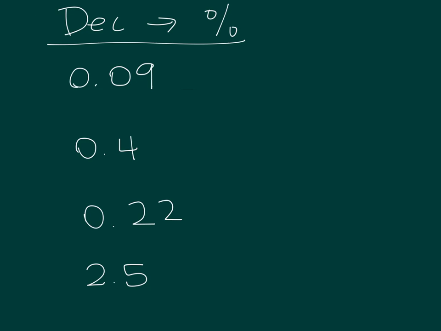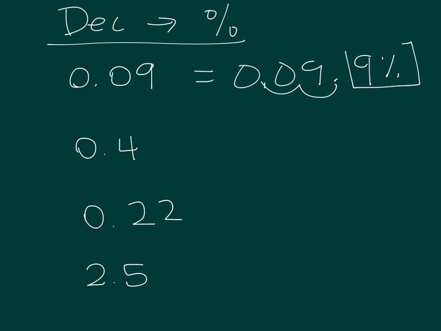So let's focus just for a second on a decimal to a percent. If I already have a decimal, I'm just going to move my decimal twice to the right, and this makes 9%. My stylus is not cooperating.